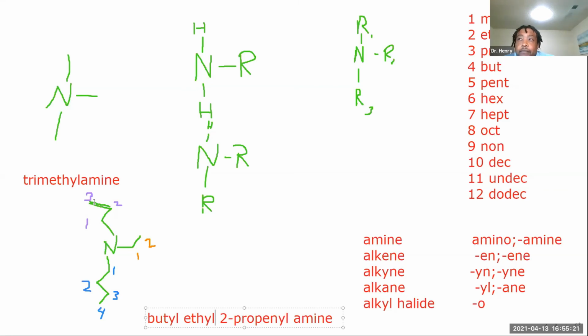Okay. You got it so far? You ready to give it a shot? Wait, I'm still confused. How'd you get the prop part? Because there's a double bond on the second carbon off that chain.